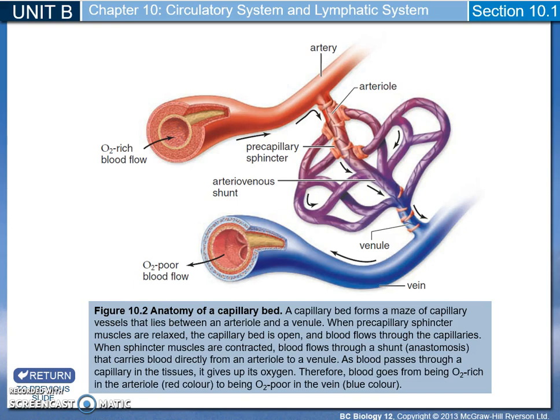If it's open, then the blood will flow from the arteriole through the capillary bed and then drain through the venule. If the precapillary sphincter is closed, then the blood will bypass the capillary bed and simply go through the arteriovenous shunt, so blood flows from the arteriole directly into the venule and then back into the veins and back to the heart.